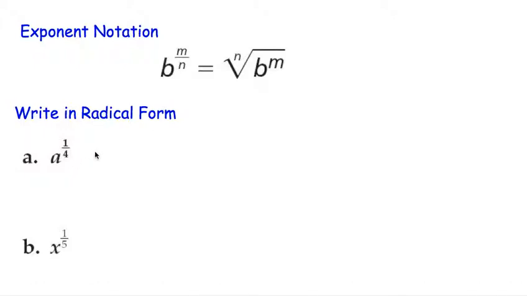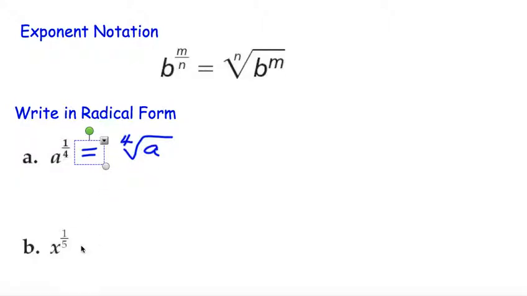So a to the 1/4 becomes the 4th root, because that number's on the bottom, of a, and a would be to the 1st, but you don't have to write that exponent.